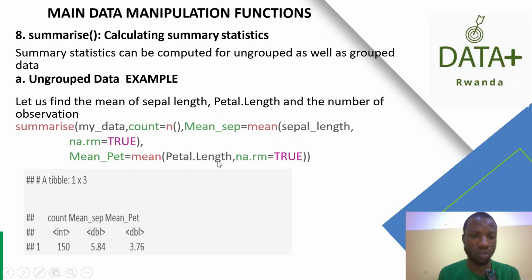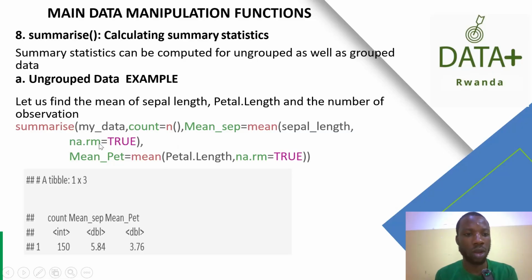You can also do it the way you want, as long as you type the variable the way it is. Make sure that if you are calculating the mean, we have to add na.rm equal TRUE, because when we have a missing value in the data set and you forget to omit the missing value, the result is going to give you an error, because if they count the missing value, we are going to get zero.